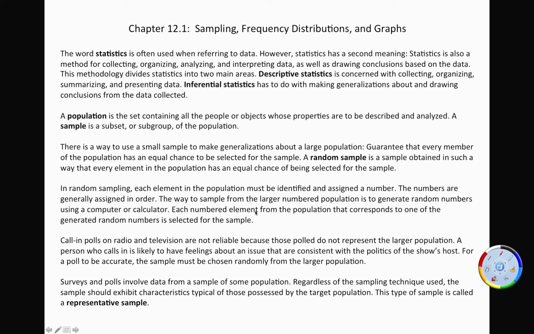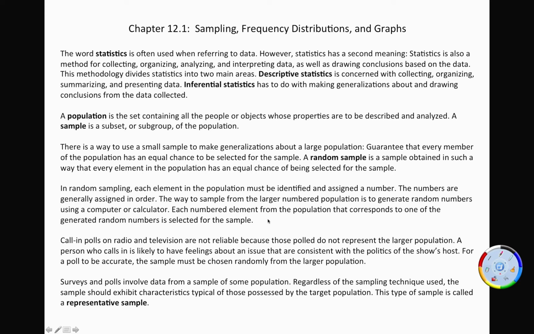In random sampling, each element in the population must be identified and assigned a number. The numbers are generally assigned in order. The way to sample from the larger numbered population is to generate random numbers using a computer or calculator.